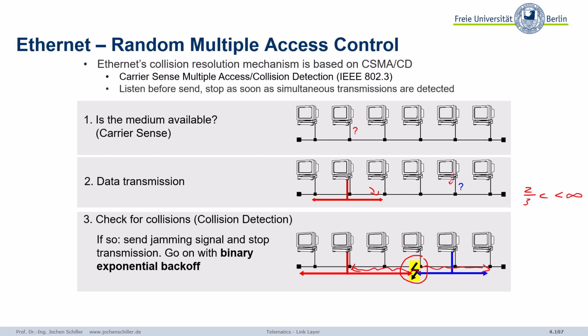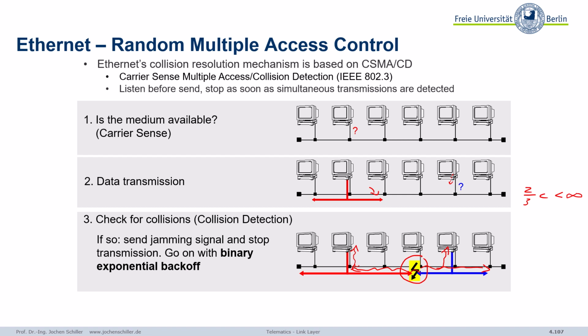Okay? And because you do this listen while talk, the collision detection, you will be able to detect the collision. So basically you compare your signal with the signal you see on the cable, and if there's a difference, oops, there must be a collision. And the same is true for the other station.